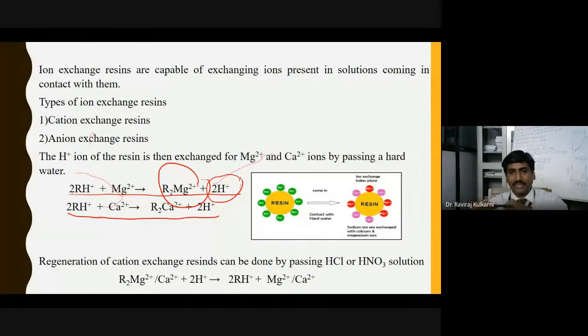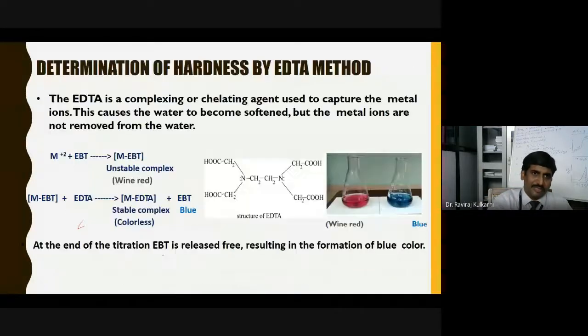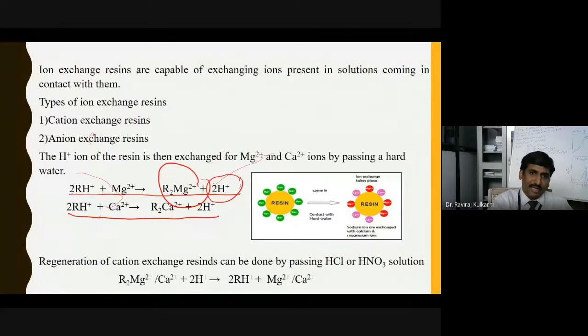Again, you can use it for further ion exchange process. Similarly, you can do it for anion resin also. But cation resins reduce the hardness. Anion resins replace only the anions.